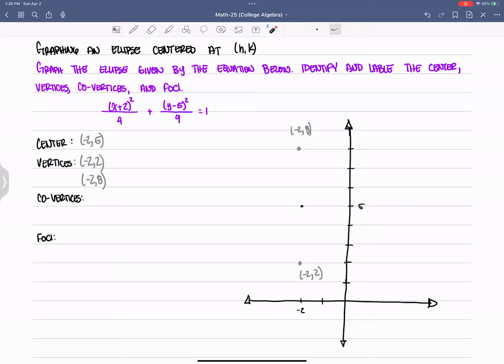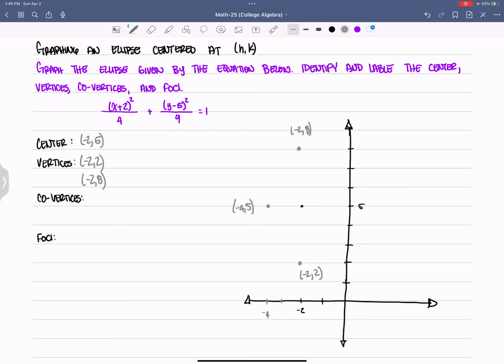Co-vertices are made up of the smaller axis or the minor axis. So here in the x direction, we're going the square root of 4, which is 2. So we're going 2 units out in the x direction. So from here, we're going 1, 2. That's -4. And that gives us the point -4, 5.